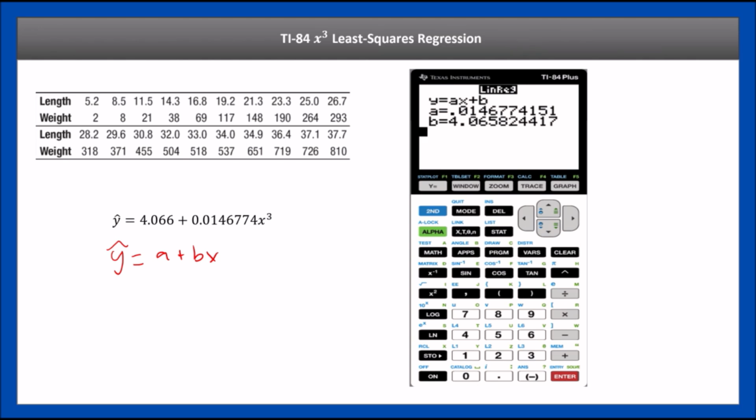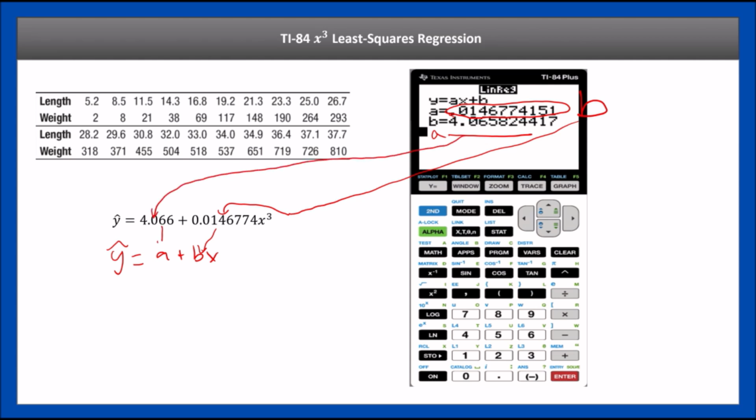Now remember that our A and B are switched, right? So this A on the calculator is actually our B in this model, and this is actually our A in the model. You can see that right there. A and B are switched on the calculator. I know it can be confusing because the calculator goes traditionally ax plus b, but traditionally in stats we go a plus bx.